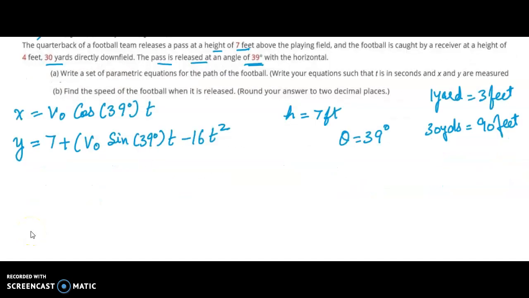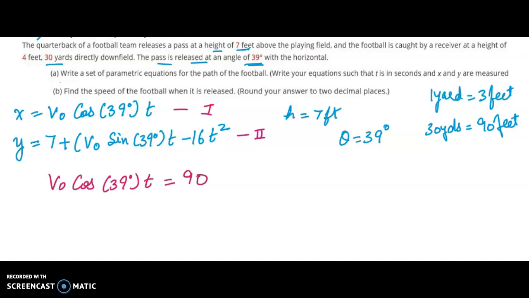Now we will use the first equation. This is my first equation and this is my second. From the first equation, we will try to find how we can define the variable t. I can define it by rewriting my first equation and putting x as 90.